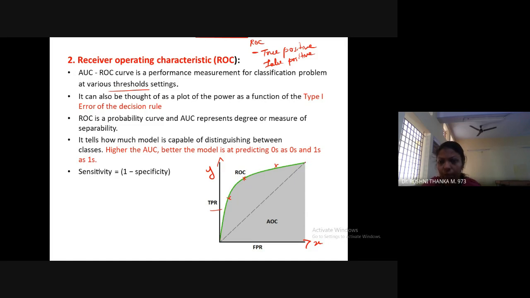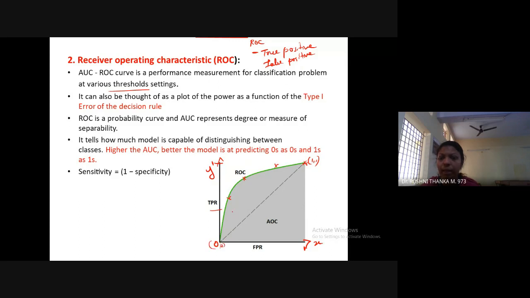Generally if the model is perfect, the values range from 0 to 1 on this axis and again 0 to 1 on the other. If you get 1 comma 1, the model is perfect, and here we have 0 comma 0.